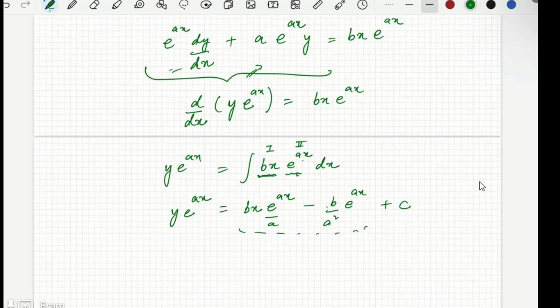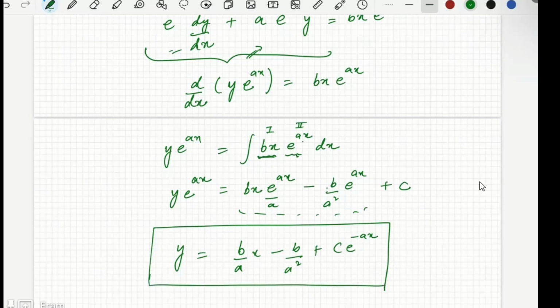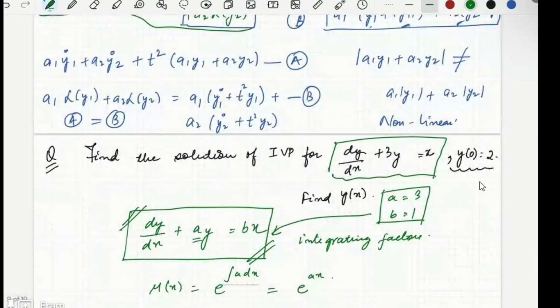Now we can find y by dividing by e to the power ax, which gives b by a x minus b by a square plus c e to the power minus ax. So this is the general solution for this first order ODE.